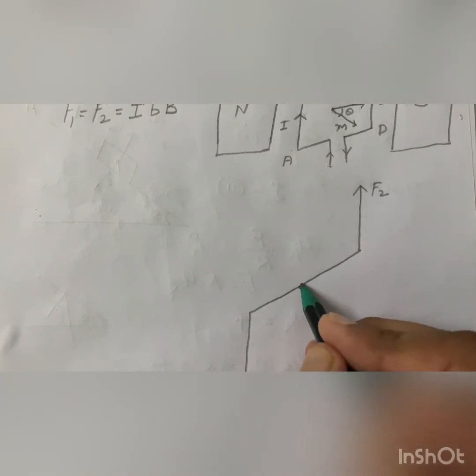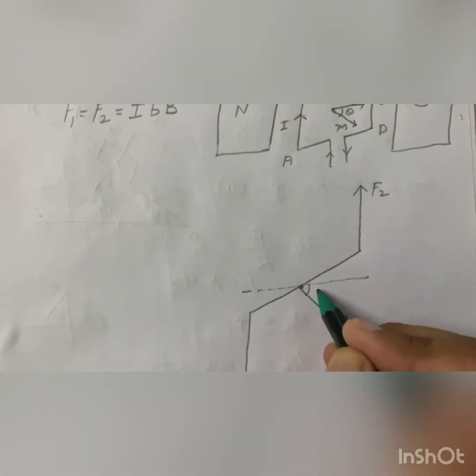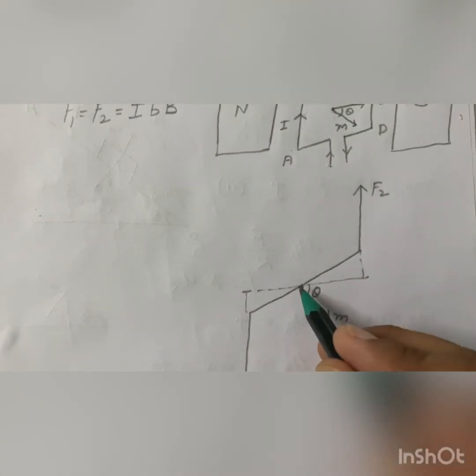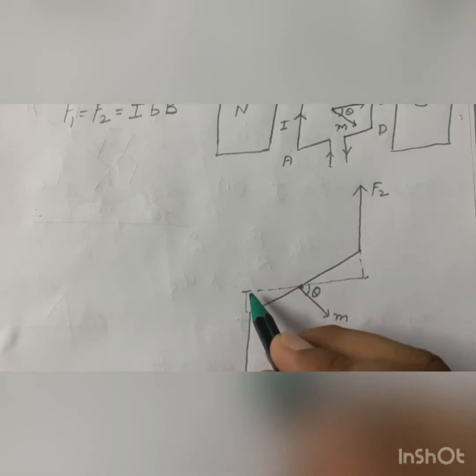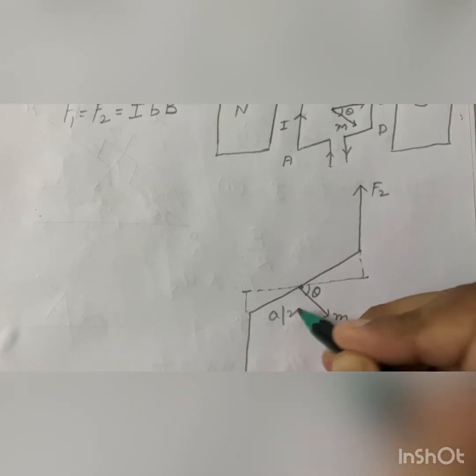Here this is the B. This angle is theta. Here we want to calculate this distance, and we know this distance is a by 2.